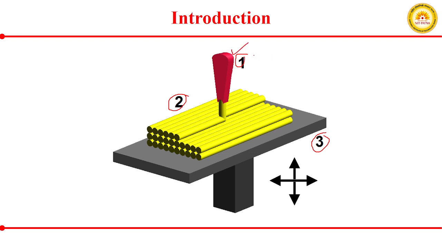You have a nozzle, and then you have the material which has been deposited, or the part that has been fabricated using your extrusion-based additive manufacturing. And third, we have your build platform, and obviously the motion or movement is provided to your nozzle.